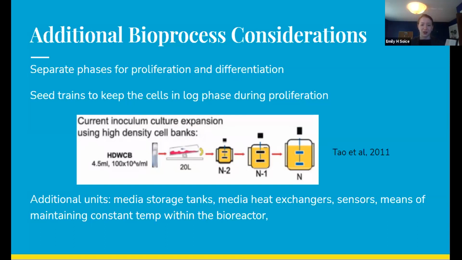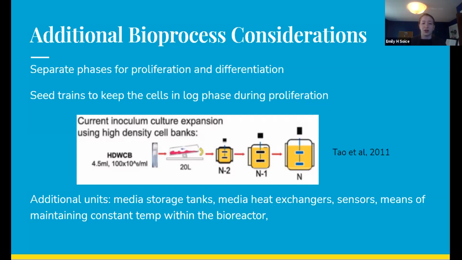So in addition to those different ways that you move the media or move the fluid around the cells, there are different bioreactor considerations that you want to think about depending on whether you are aiming for cell proliferation or differentiation.